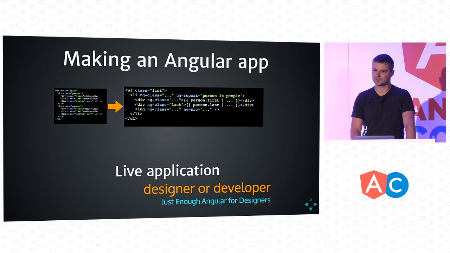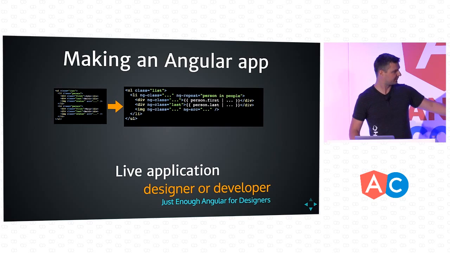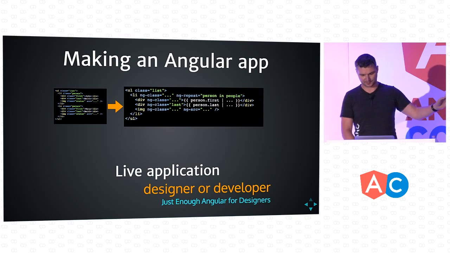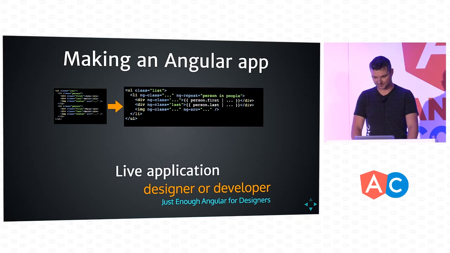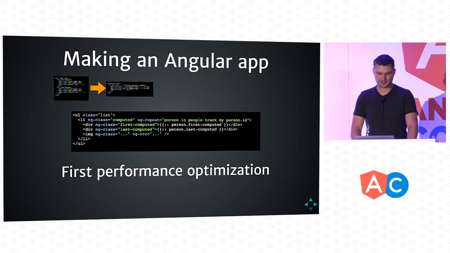And if you don't believe that designers could do that, you should read Lucas's blog post, Just Enough Angular for Designers. And by the way, everything in blue is a link, so in the slides you can follow it. And what happens next? Well, we have an application and actual users are using it.